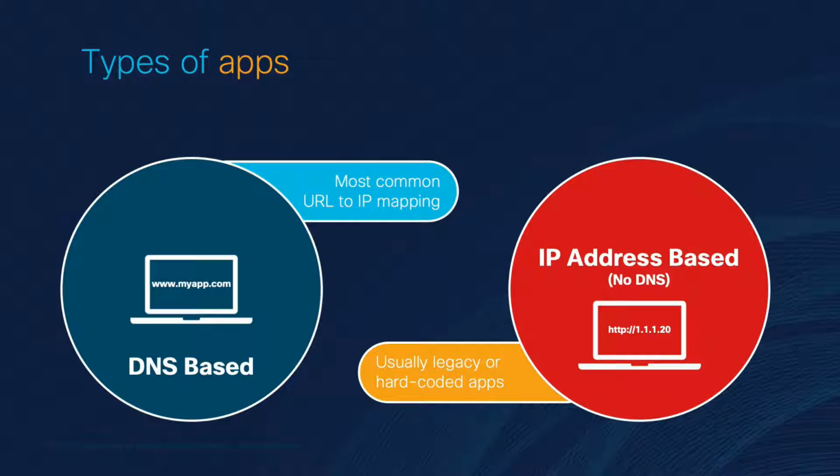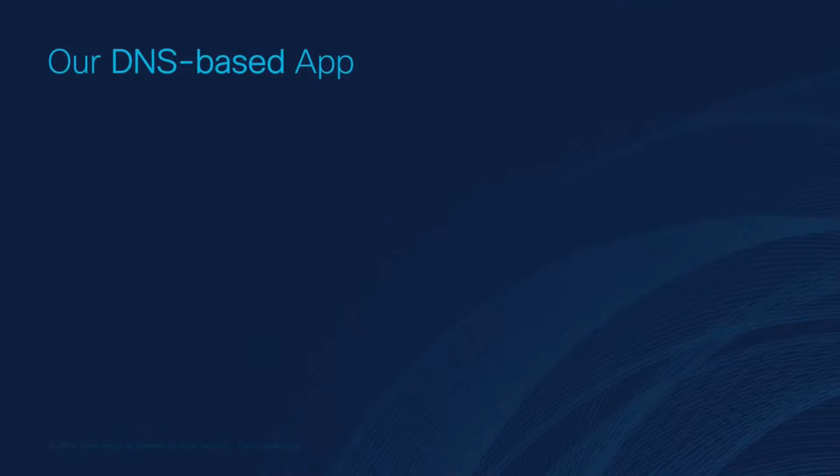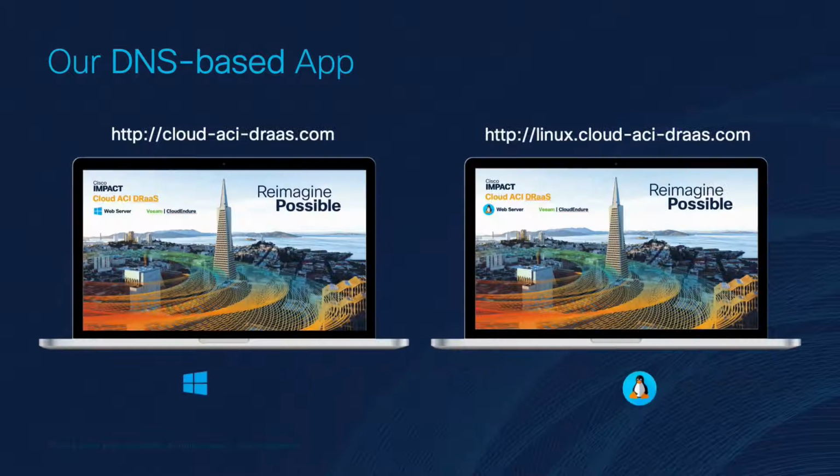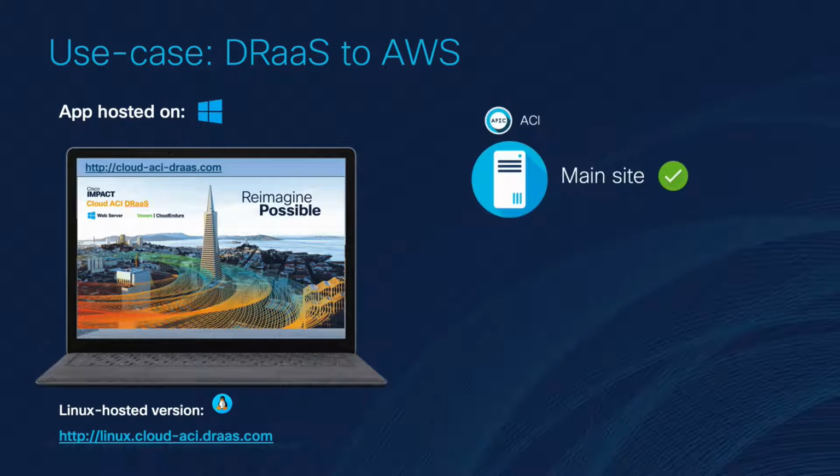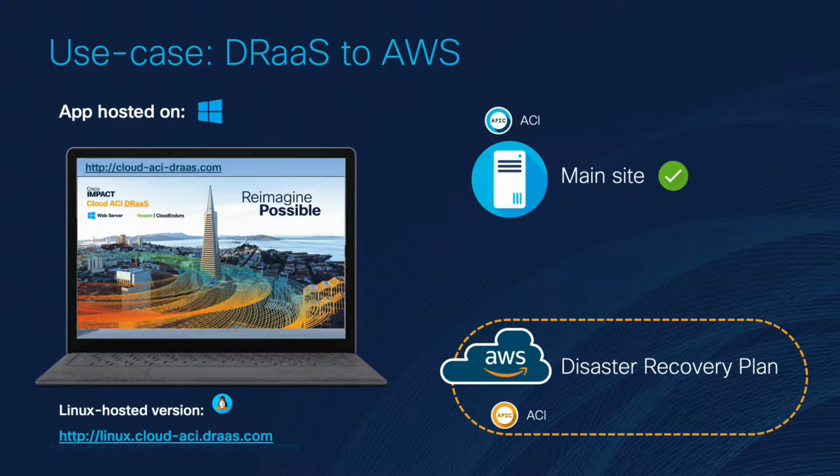Right, Germán. So, if you have DNS-based applications running either on Windows or Linux like we do, the disaster recovery as a service process is very straightforward. In our case, our application is running in San Jose, California, and the CIO wants to reduce OpEx, especially after COVID, by trying disaster recovery as a service on AWS.